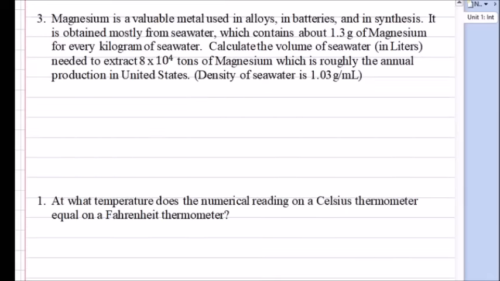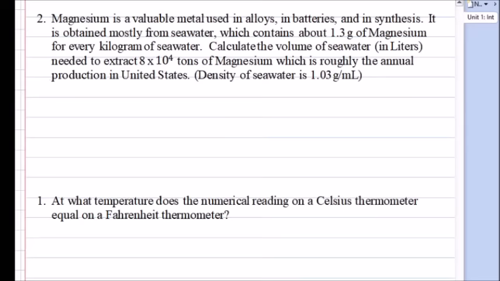Now, let's have this one. Magnesium is a valuable metal used in alloys, batteries, and in synthesis. Okay. Now, it is obtained mostly from seawater that contains about 1.3 grams of magnesium for every kilogram of seawater. So, kumbaga, kada isang kilo ng seawater, there's 1.3 gram of magnesium there. Okay.